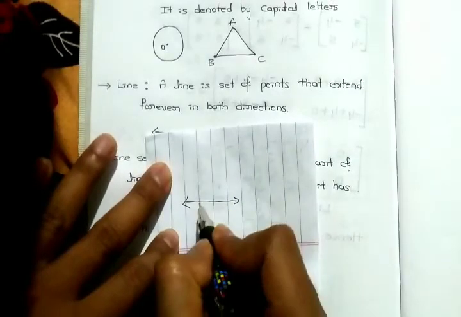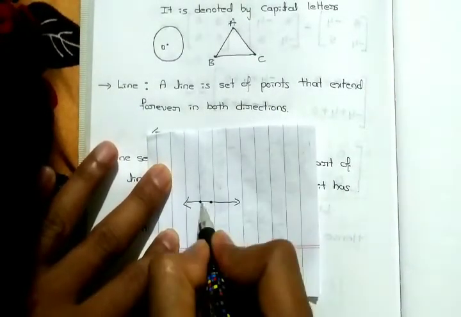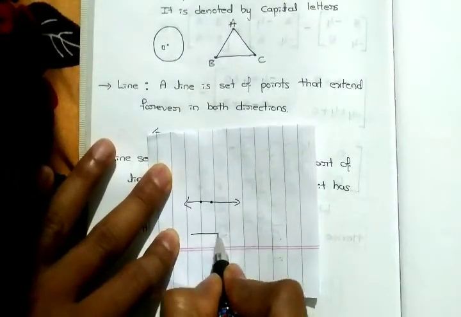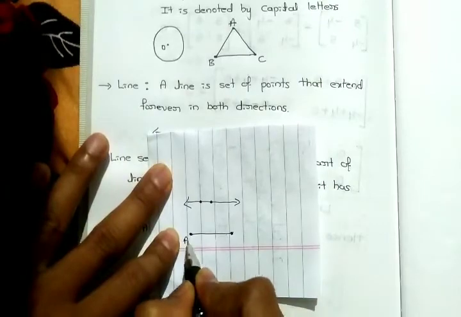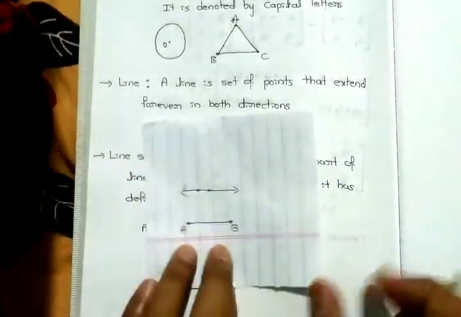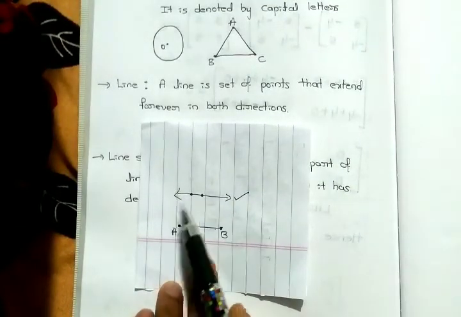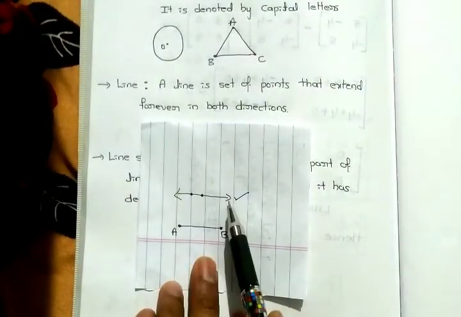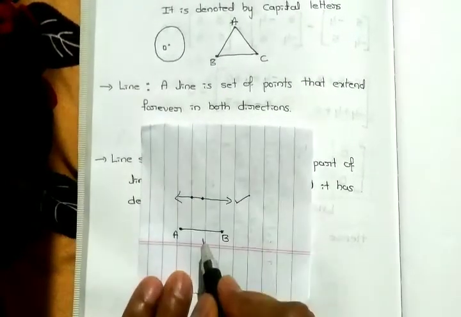In this line, I'm going to consider this part. Here this is point A, and this one is point B. The arrow mark indicates you can extend in both the directions, but this is not a line.